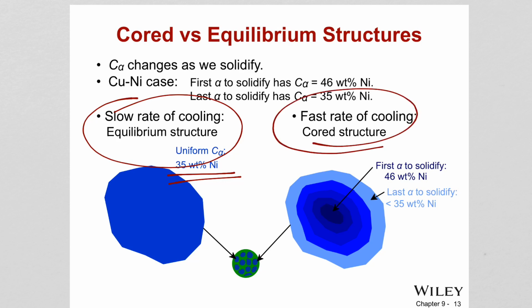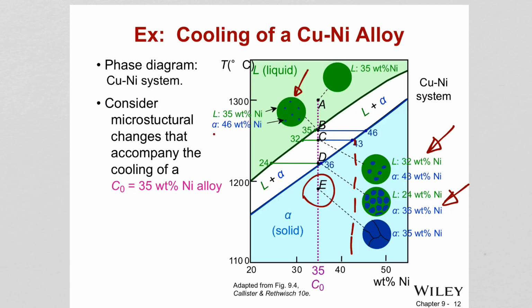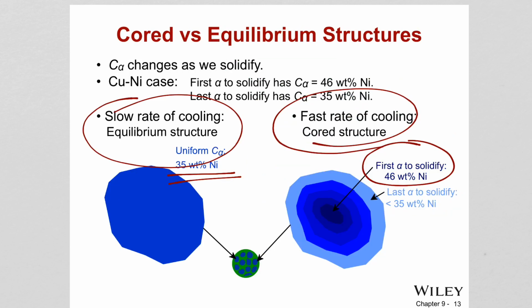That being said, the initially solidifying phase will have 46% nickel. Here we see it, right? Initial nuclei have 46% nickel, and you need to end up with 35%. If you do it slowly, you end up with 35%, but if you do it fast, what's going to happen?